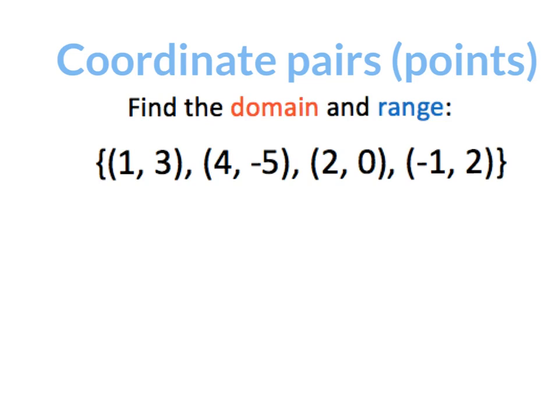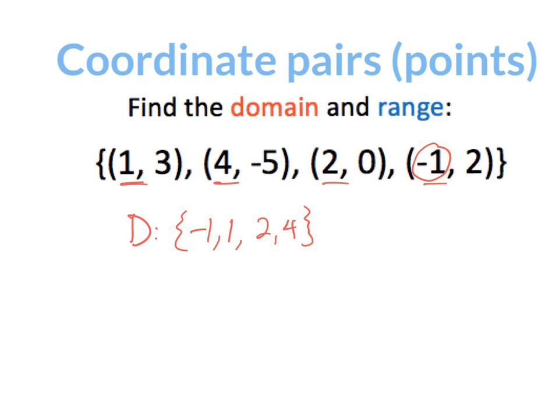So again, for ordered pairs, you're listing all the X values for domain and all the Y values for range. In this example with ordered pairs, the domain from least to greatest: the least X value is going to be -1, and then the next one over would be 1, 2, and 4.